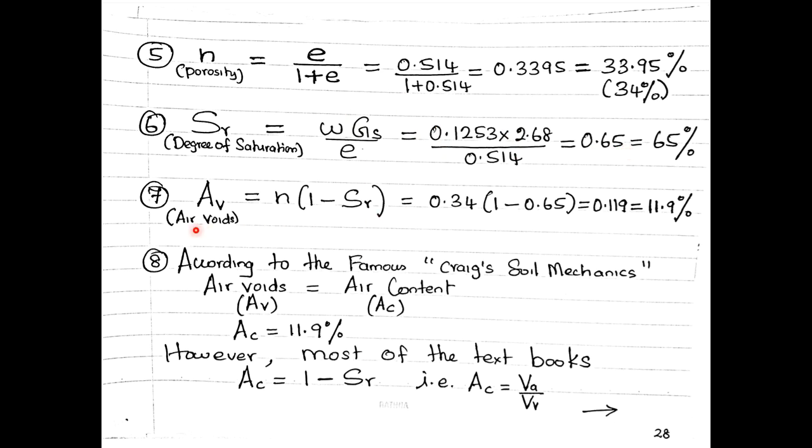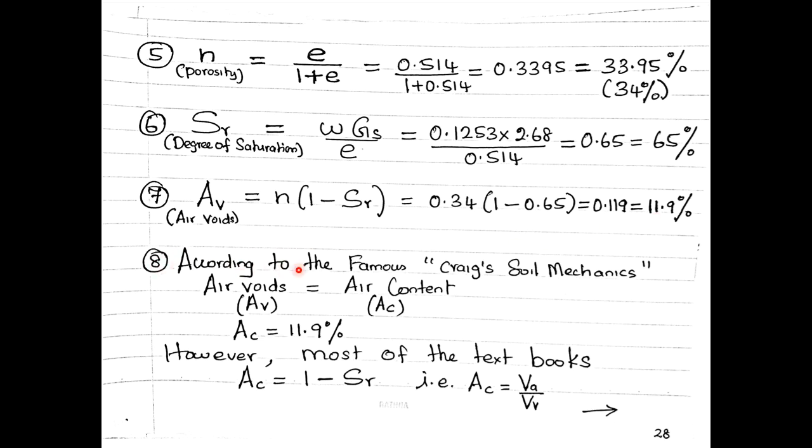Then air voids is equal to n into 1 minus Sr. Check the previous slides. That is 0.34 into 1 minus Sr, where Sr is 0.65, which gives 0.119, 11.9%.